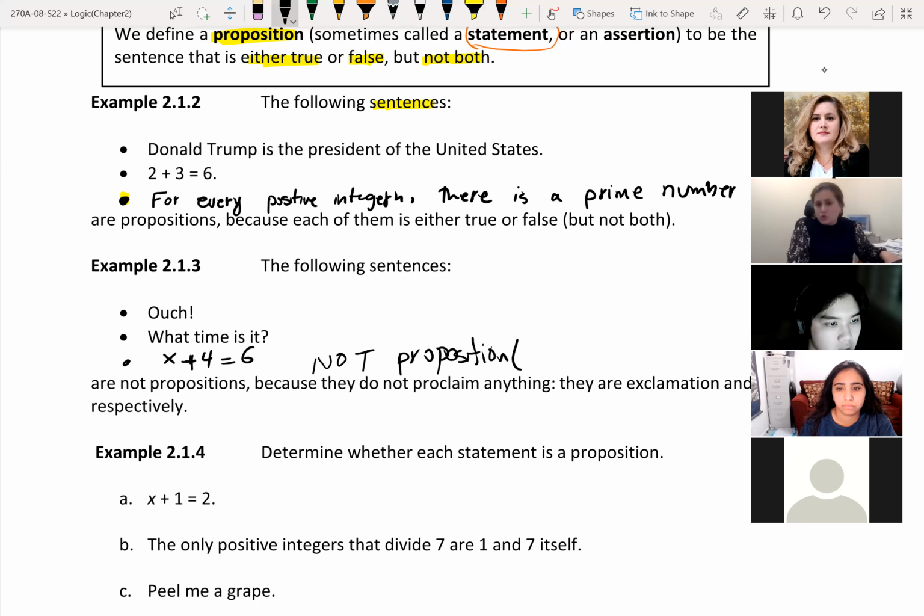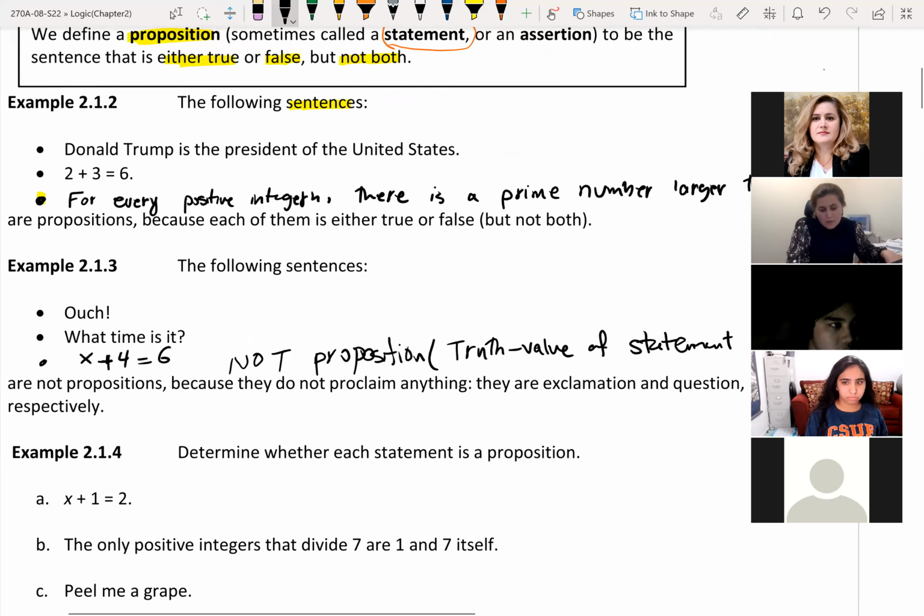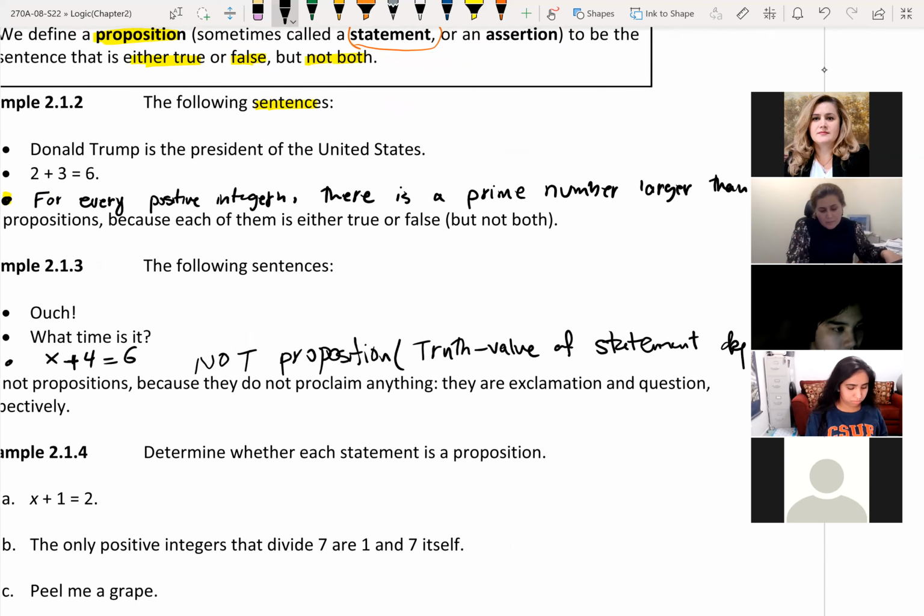Because we don't know, the truth value of the statement depends on x.